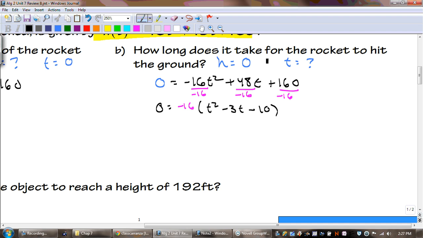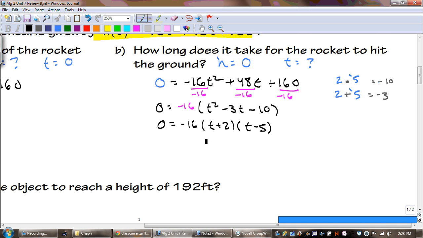Okay, so are there numbers that multiply to get to negative 10 and add to get to negative 3? 2 and 5, but which one's negative? Good, the 5 is negative. So we can do our shortcut. So we get t plus 2, t minus 5.